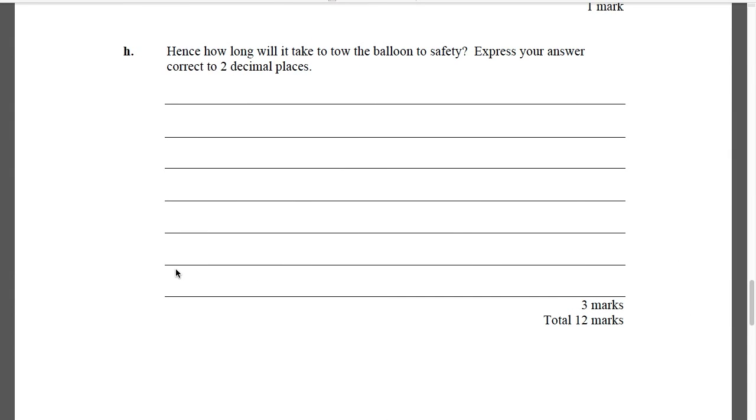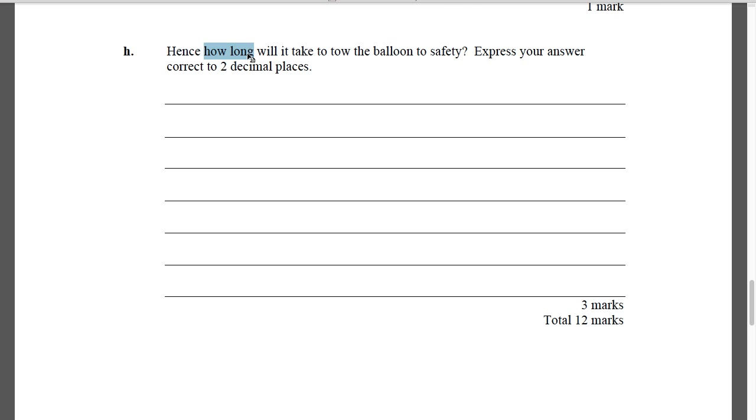For part H, the key word in the question is hence. So we're using something from our previous question to help answer this question. And it's asking us how long. So it's basically a time question.